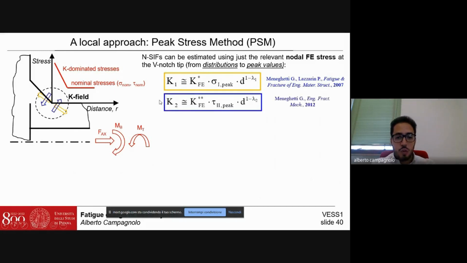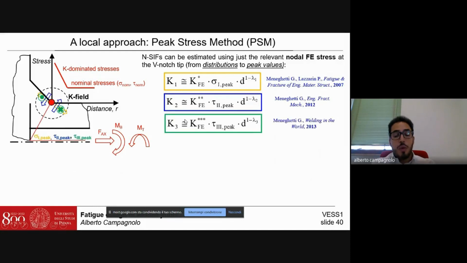The same is valid when using the in-plane shear stress to estimate the mode 2 loading, and also for the mode 3 loading, we can use the out of plane shear stress calculated at the notch tip, which is the toe side of the weldment. So we have a simple expression to estimate the notch stress intensity factor due to mode 1, 2, and 3 loading. So the approach can be applied also to multi-axial loading condition.